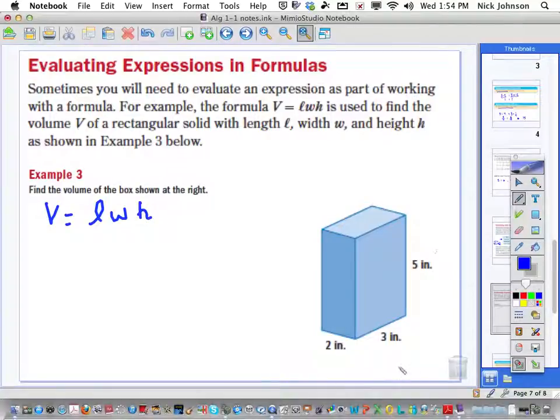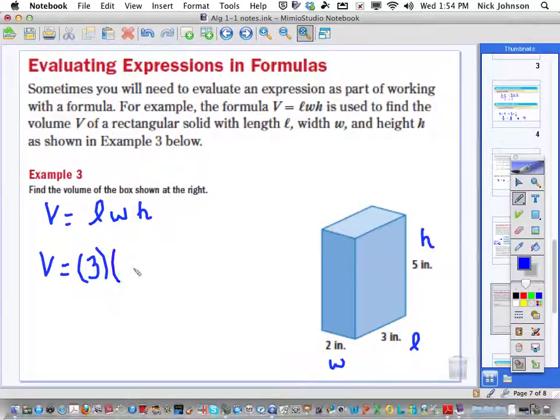Well, which one's my L? Well, my L is this long side right here. My W is the width of my box. And my height is this running up and down. So to find the volume of that rectangular solid, my length is 3.